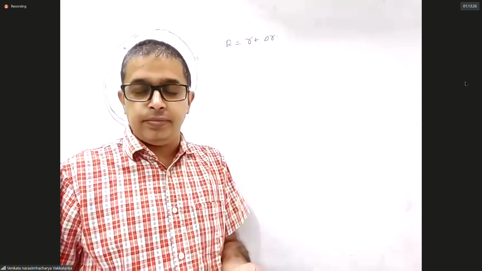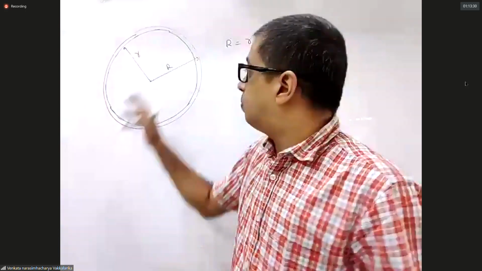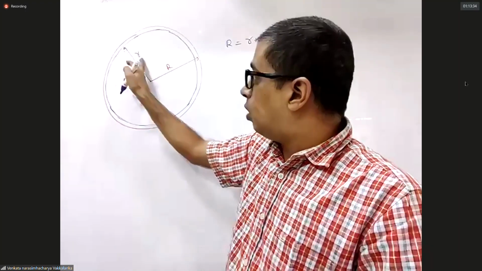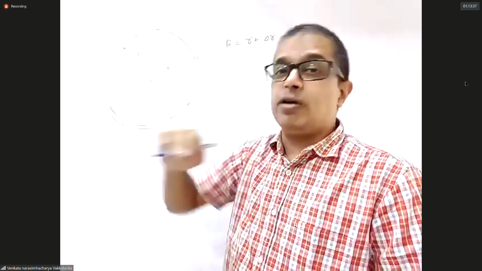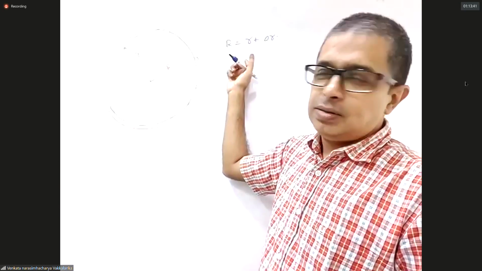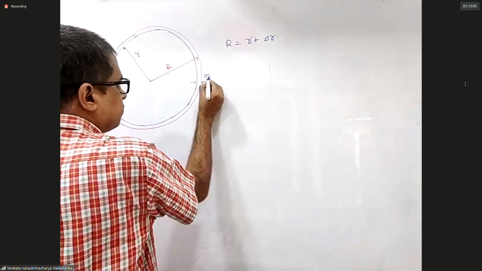Prove it. From a solid sphere of radius capital R, you are cutting out another solid sphere of radius small r, such that delta r is very, very small. It should be thin only then it is a hollow sphere.